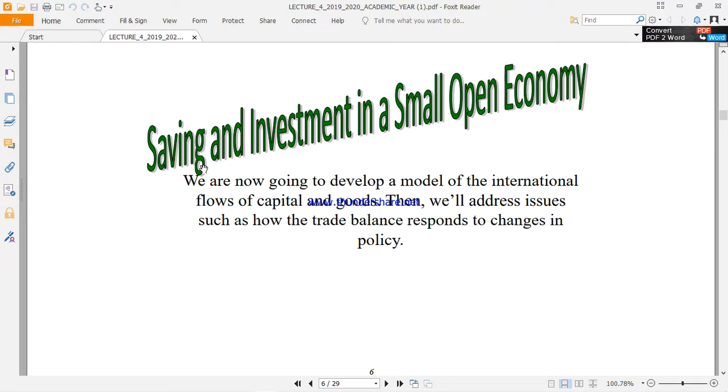When we are talking about a small open economy, we are talking about an economy like Zambia, which can do nothing to change the status quo in the global financial economy. What Zambia can do today has got nothing. It cannot affect the world, for example, the global financial market. Nothing. Even if we say we are pulling out, it's okay. We can pull out. No one is going to feel the pain anymore.